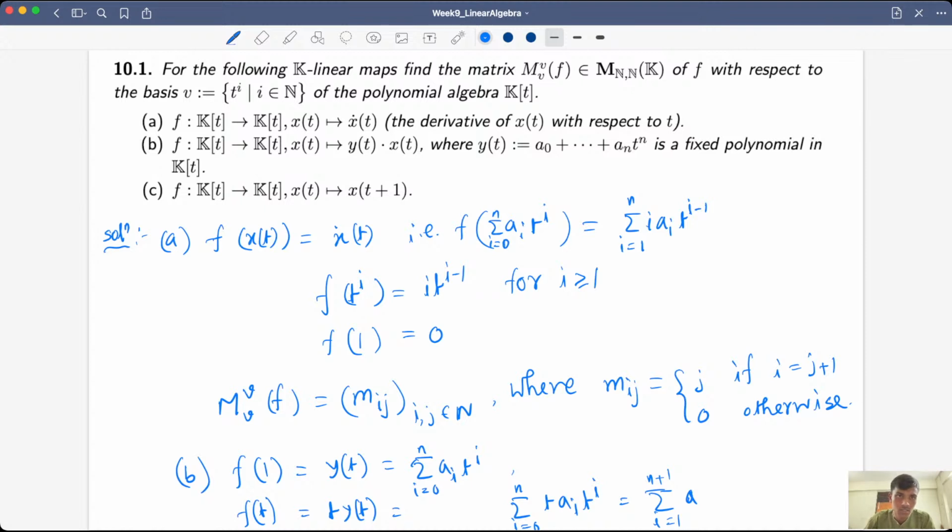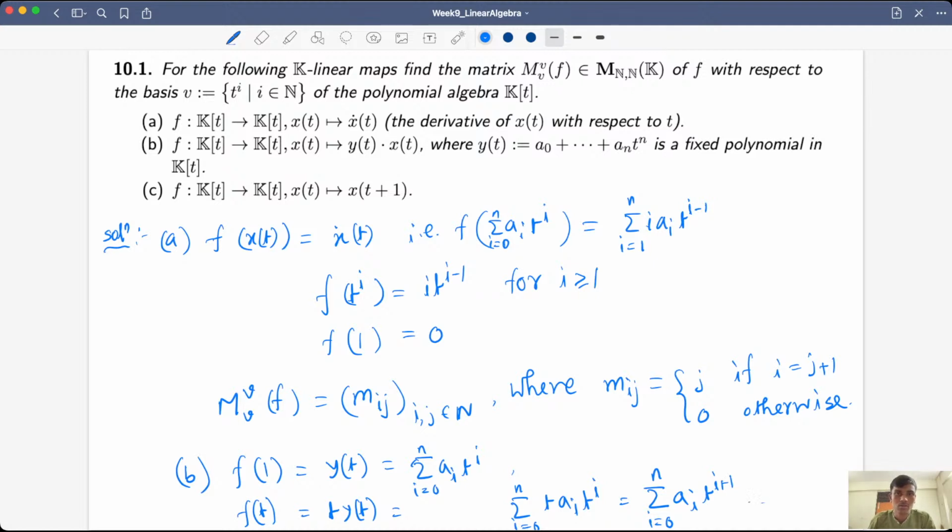It will still start with 0, because the a_i coefficients are still the same, just shifting. Like a_0 becomes now the coefficient of t, not t^0. So it is i equal to 0 to n of a_i t^(i+1), right?